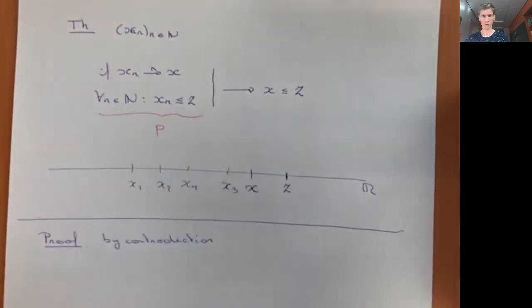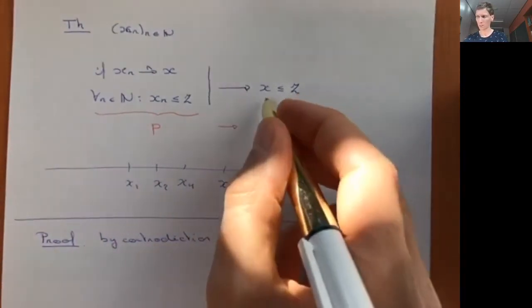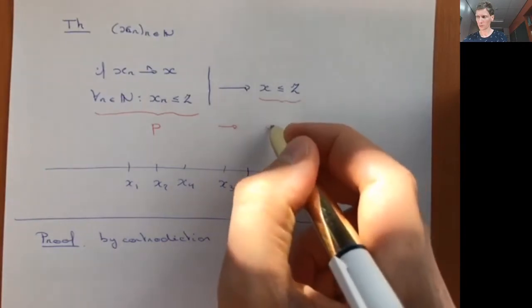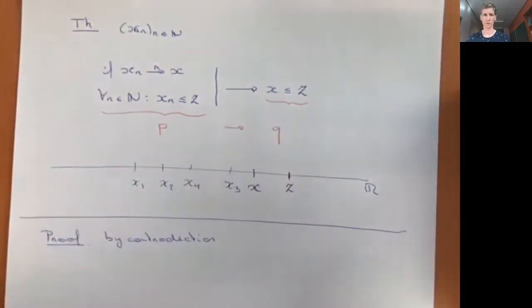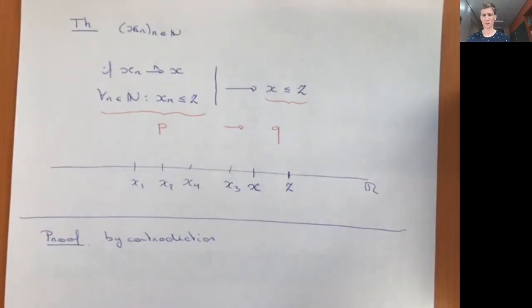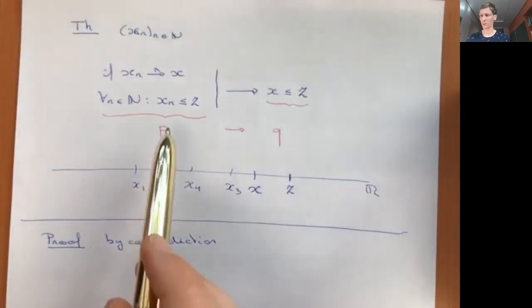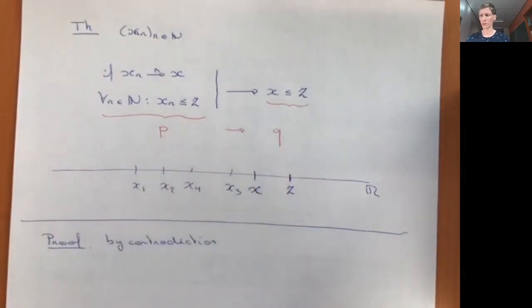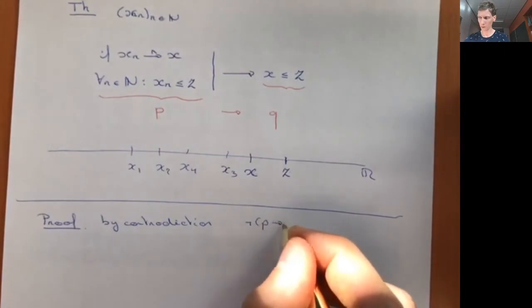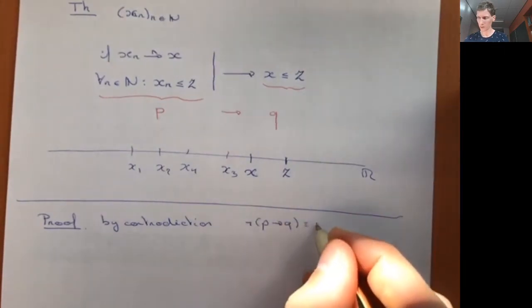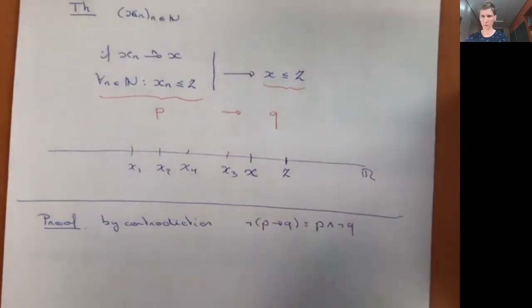So you can say that P implies Q. For proof by contradiction, we assume the opposite. We assume that what's stated here is not true, and then we somehow try to get a contradiction out of this. So we first need to negate P implies Q.